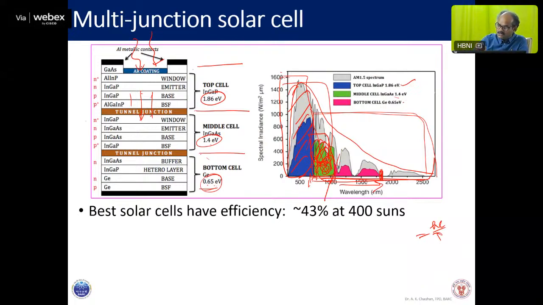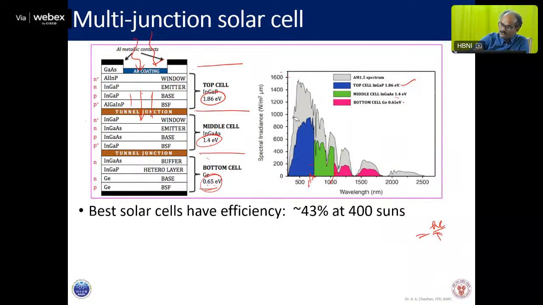So the single junction solar cell, which was absorbing only this part, is now able to absorb the entire spectrum. That way, you have the multiple junction solar cell.